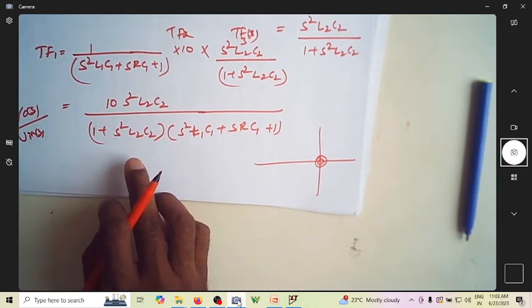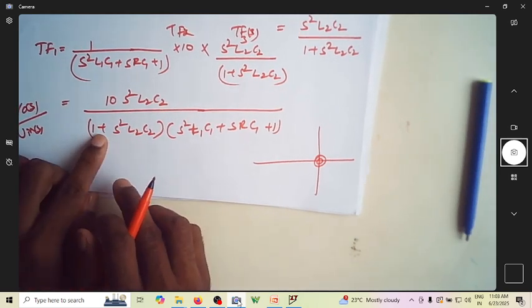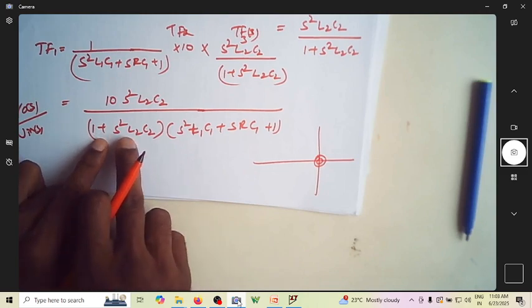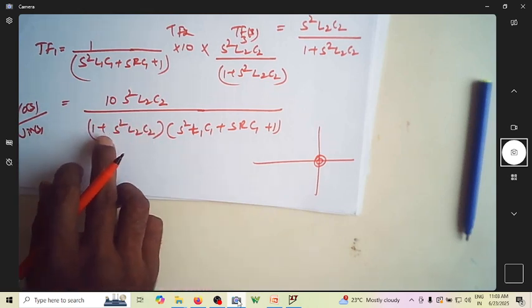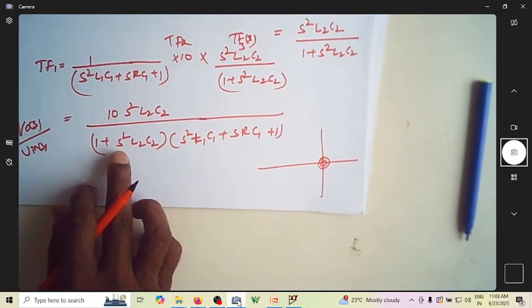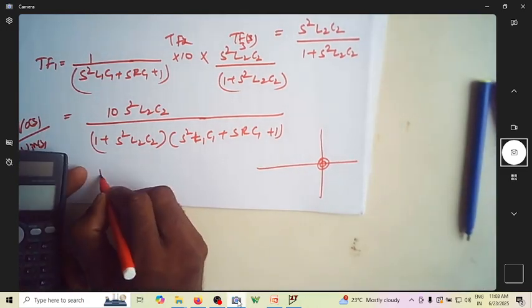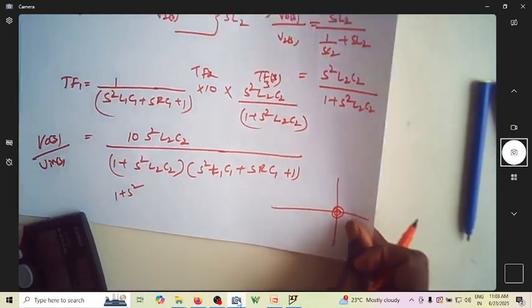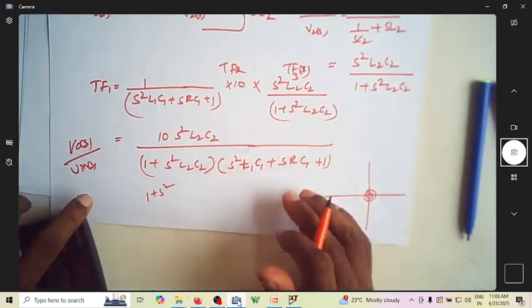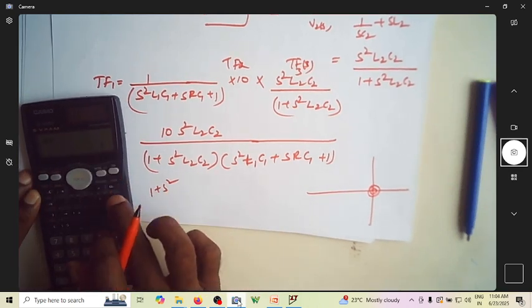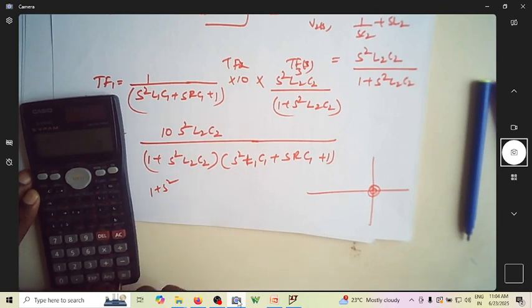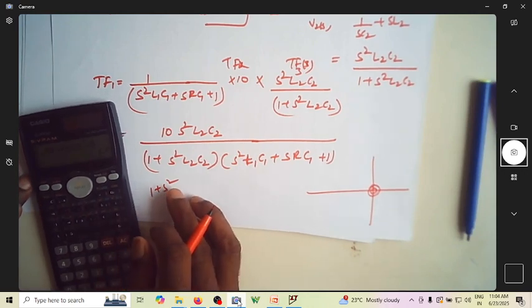So this is actually indicating the complex poles at imaginary points. So it's like 1 plus S squared into L2C2. L2 is 0.5 exponential minus 3 into 2 exponential minus 6.